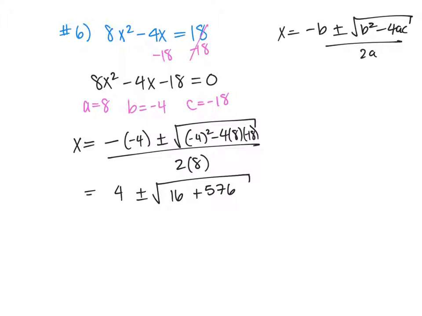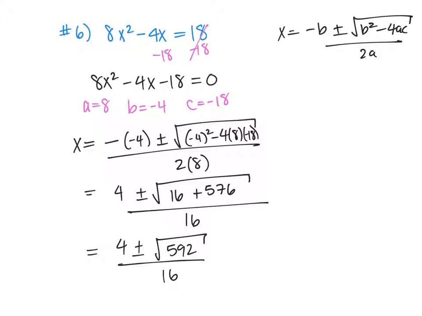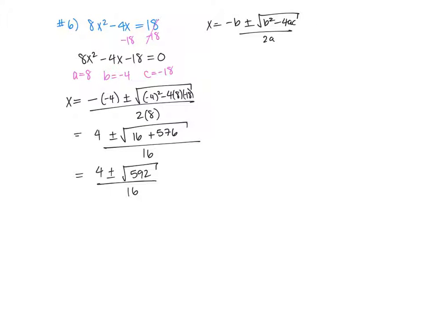So I'm adding that on. And then the bottom here, 2 times 8 gives me 16. So if I'm working this out, I just need to clean up this root here. So that's going to be 4 plus or minus the square root. 16 plus 576 is 592 over 16.